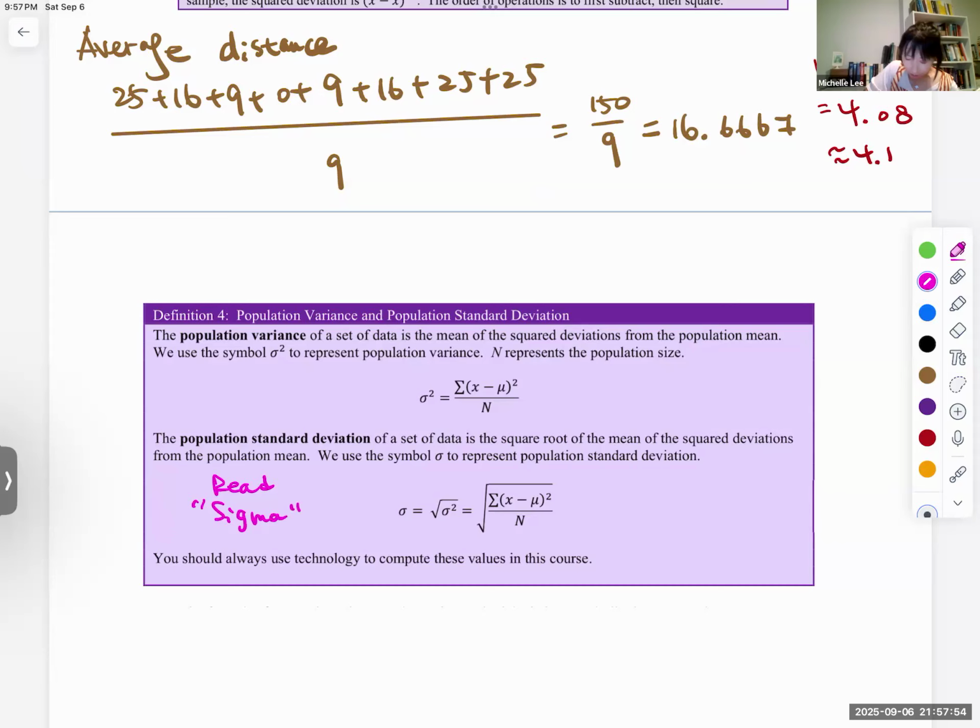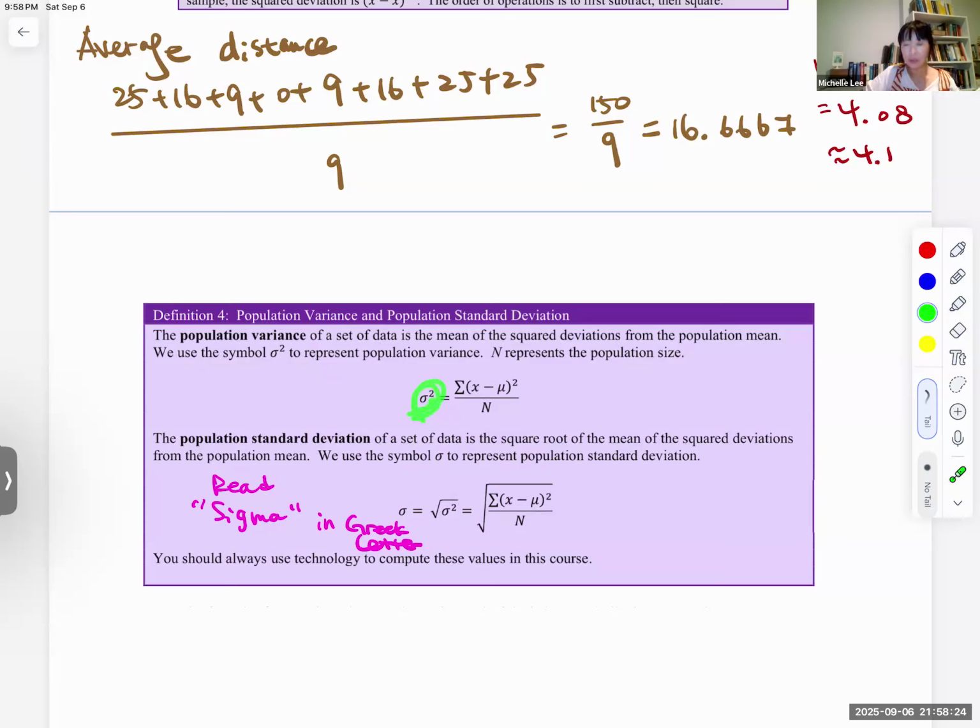All right, then we have the variance. So we want to know about the population variance. How do you get it?